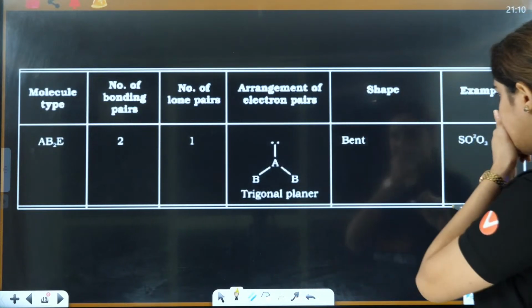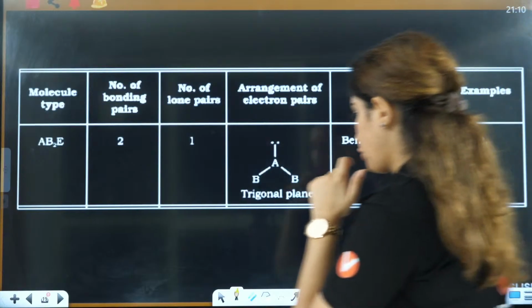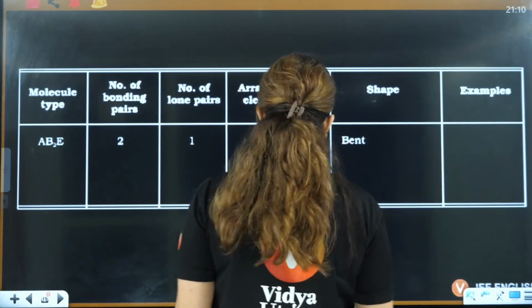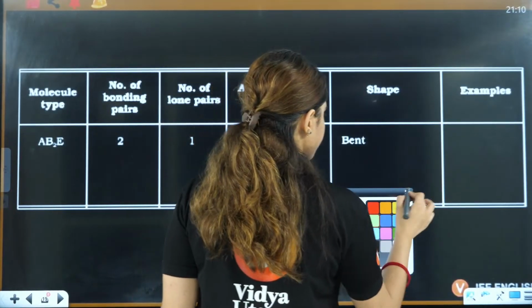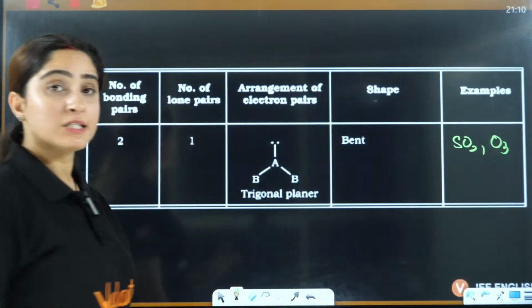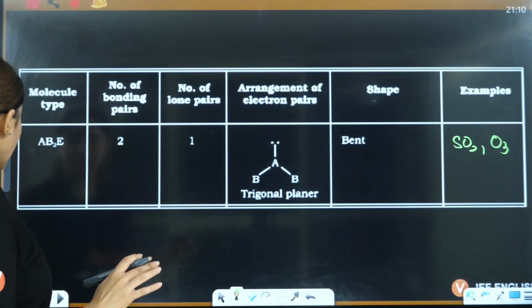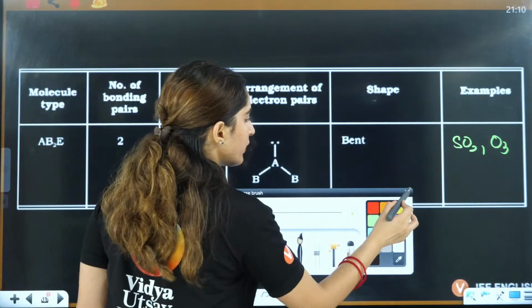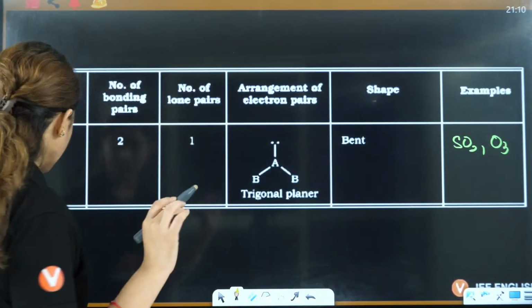here. This one is SO2, wait a minute. This one is SO2 and O3. Now first we will discuss about SO2, right? Let's understand that SO2, how it is coming out to be trigonal planar, right?